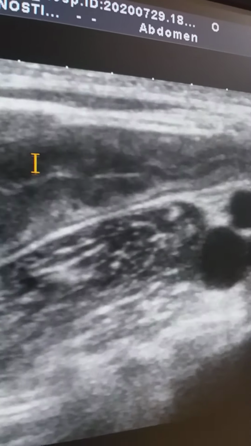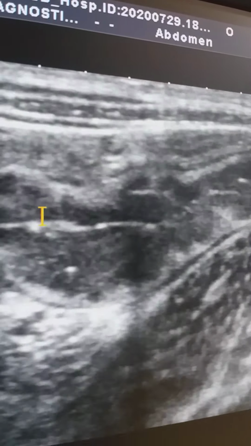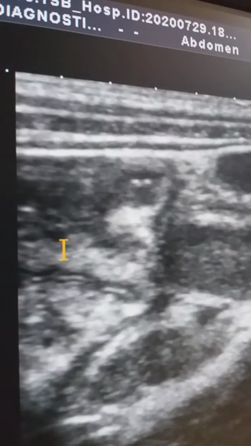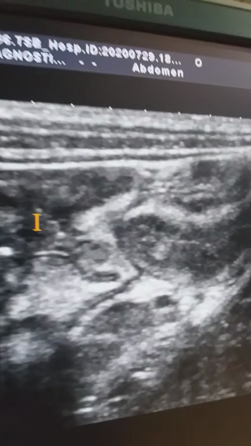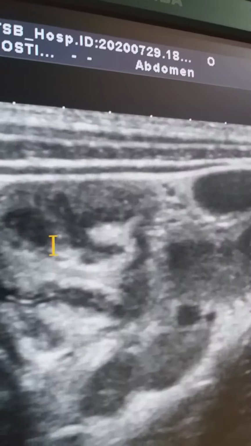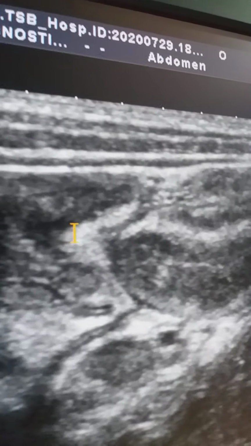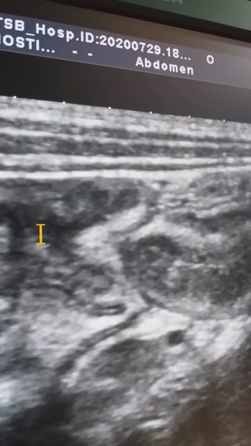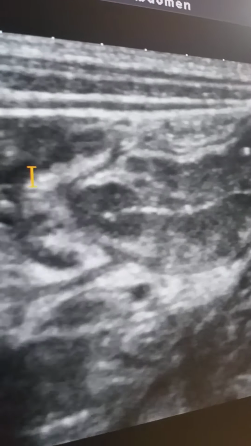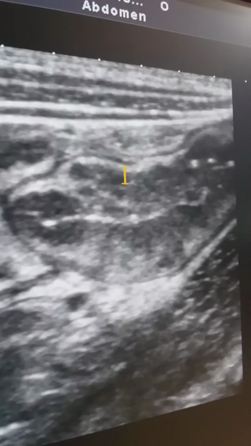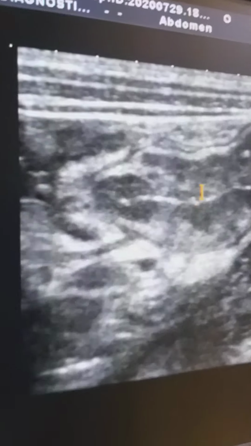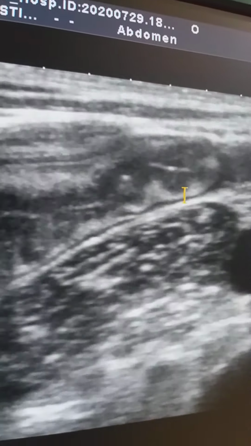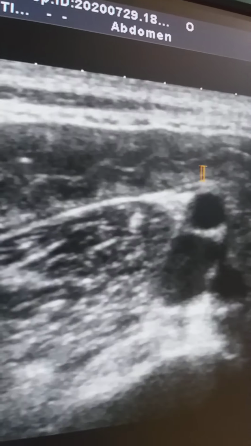This is the terminal ileum joining the cecum. Both are showing circumferential wall thickening, and the distribution of thickening is symmetrical anteriorly and posteriorly.